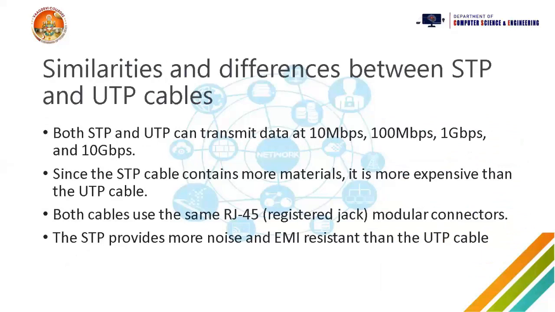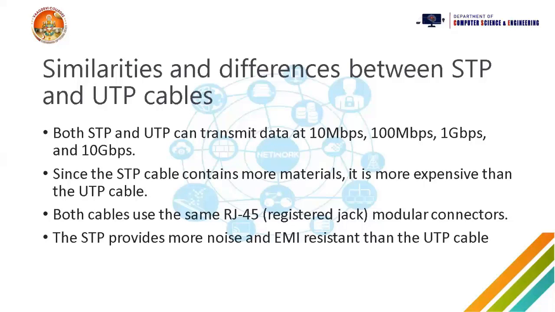Here we can see the similarities and differences between STP and UTP. Both are used to transfer data, where the transfer rate is from 10 Mbps to 10 Gbps. STP cable contains more material, which is the reason it is expensive, as I already told you. These cables require a connector to connect to a device.